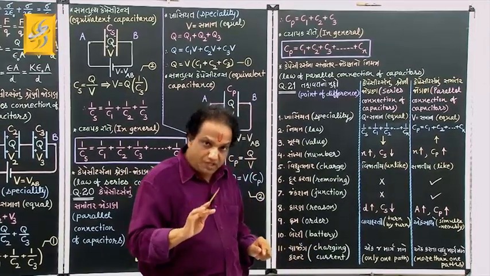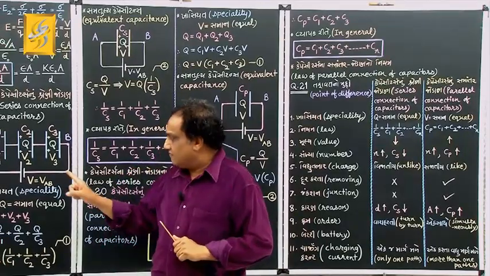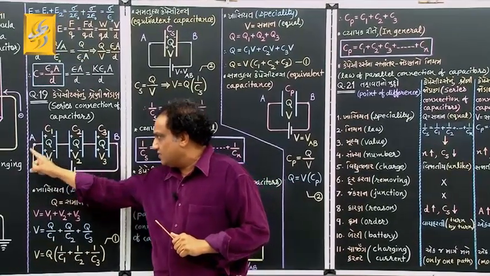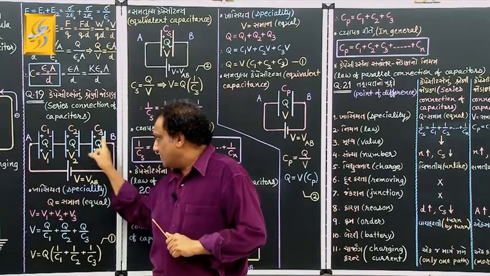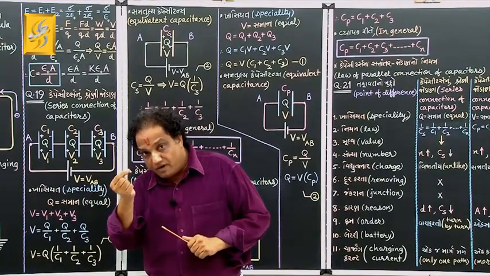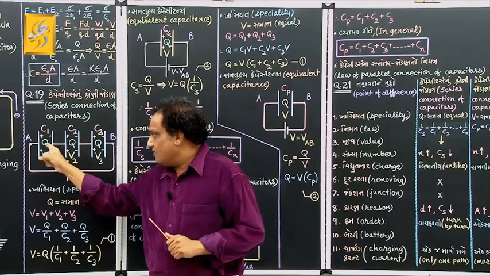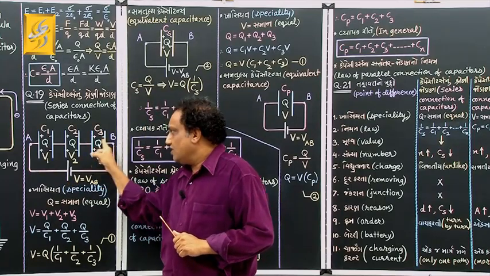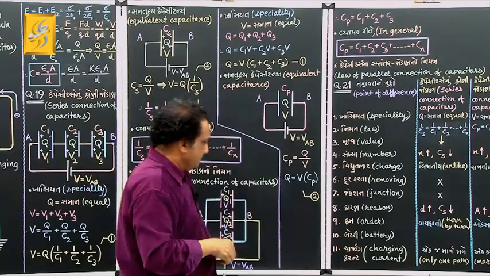What about charging current? Whichever current flows during the process of charging, it is called charging current. Here charging current, we normally take it from positive to negative this way. The charging current here will flow this way, from positive to negative. It gets only one path to flow. If you are talking about flow of electrons, here it takes place this way. It also gets only one path to flow. Here what happens?